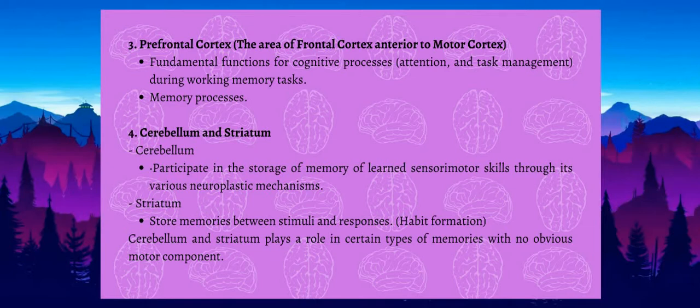And then lastly is the cerebellum and striatum. Implicit memories of sensory-motor learning are presumed to be stored in sensory-motor circuits. Research on neural mechanisms of memory of sensory-motor tasks has focused on two structures. So the first one is the cerebellum. It is thought to participate in the storage of memory of learned sensory-motor skills through its various neural mechanisms.